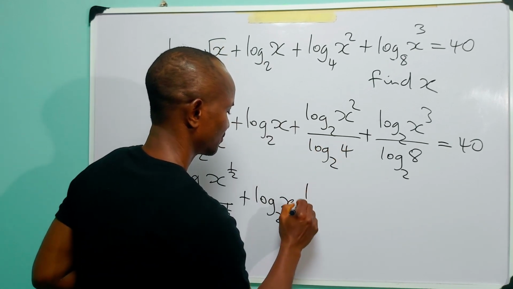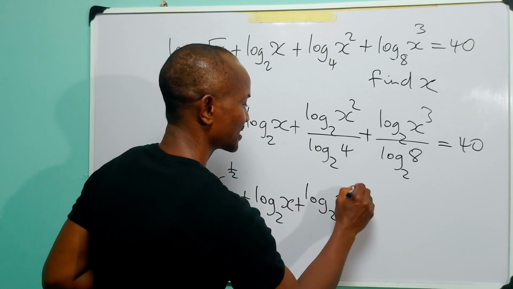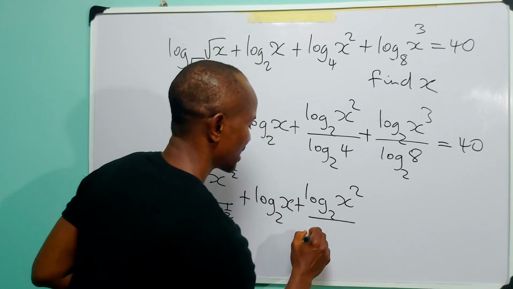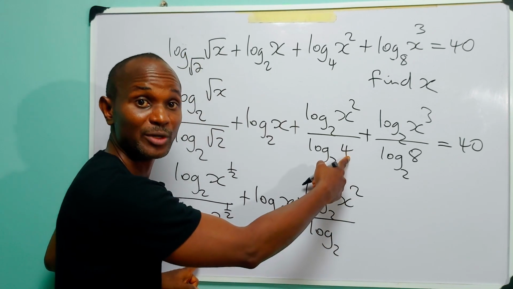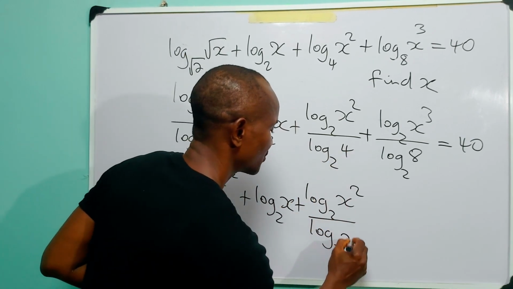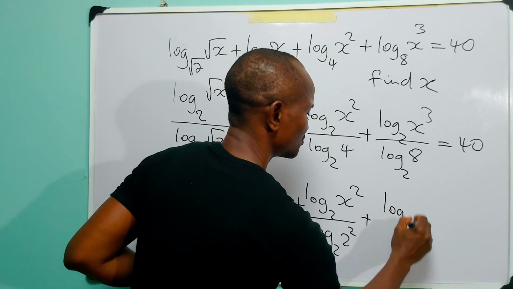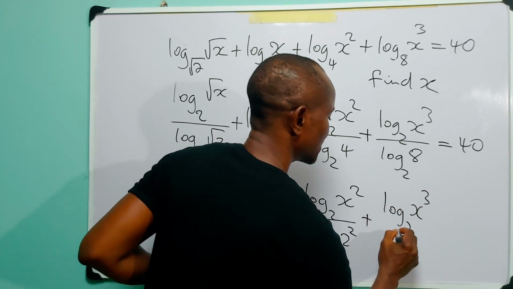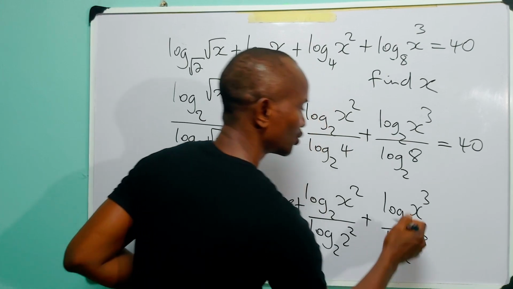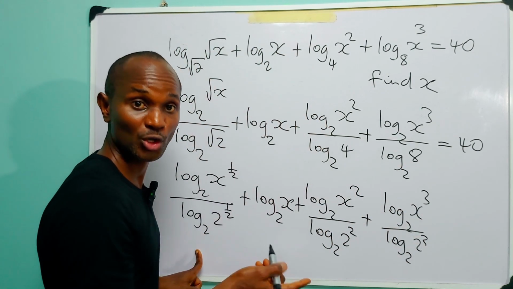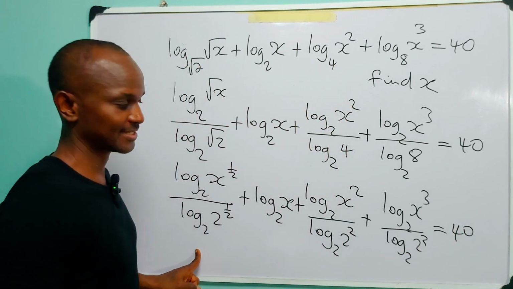Here we have plus log base 2 of x squared divided by log base 2 of 2 squared, because 4 is 2 squared, plus log base 2 of x cubed divided by log base 2 of 2 cubed, because 8 is 2 cubed, and everything still remains equal to 40.